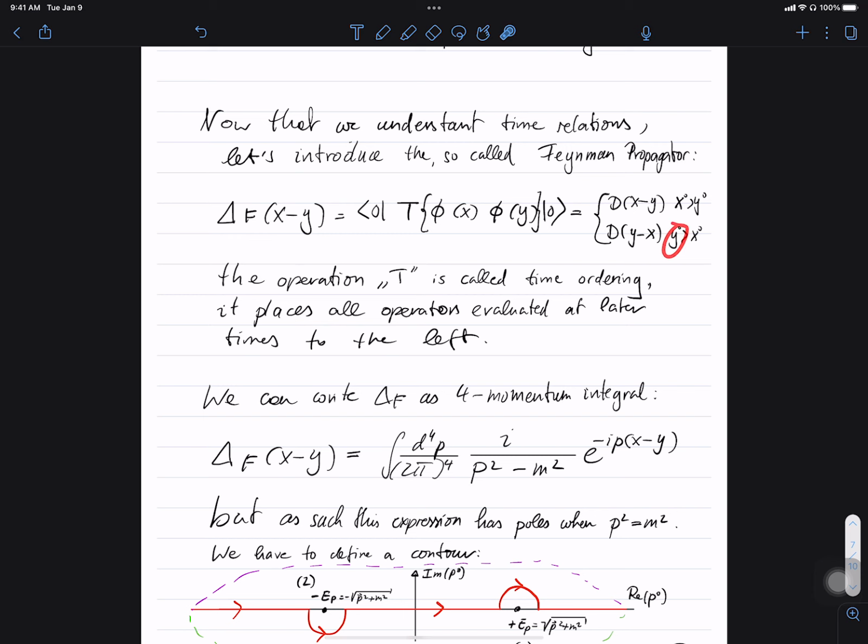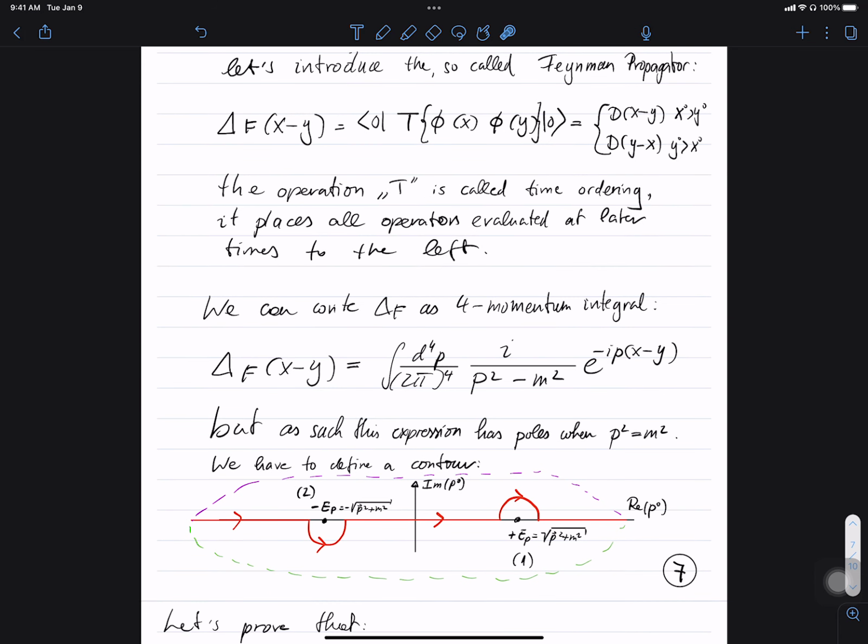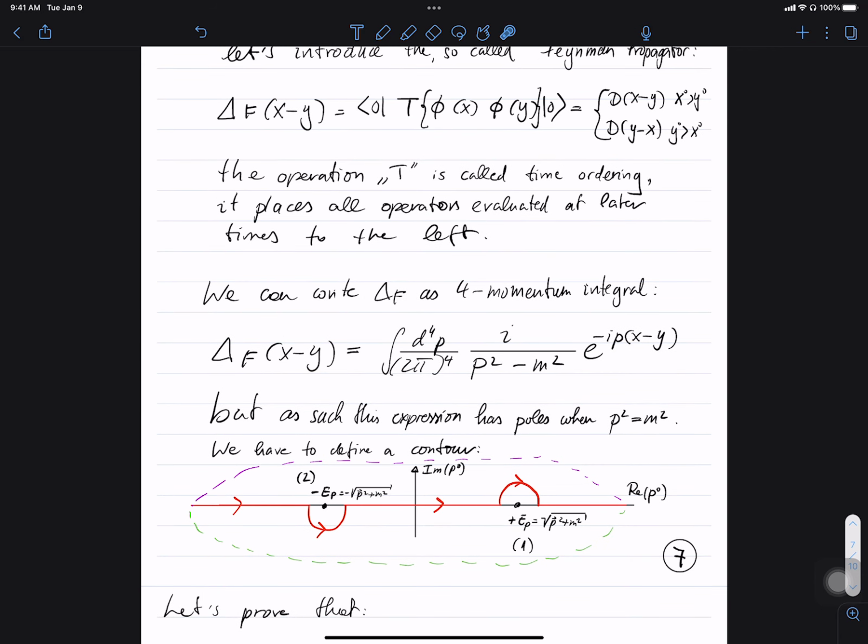If the time component y naught is bigger, so x naught minus y naught is negative, it flips the order and gives us the D(y minus x) propagator. So this operator T is called the time ordering operator, and it places all operators evaluated at later time to the left. If x is later, it goes to the left. If y is later, y goes to the left.